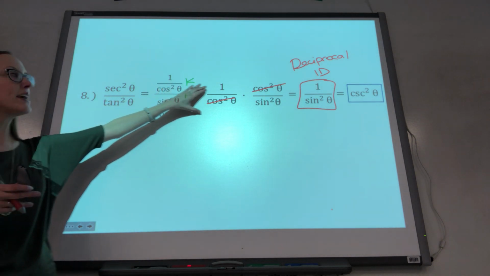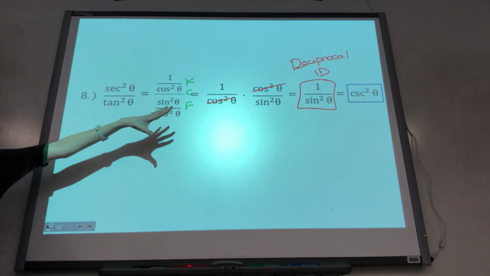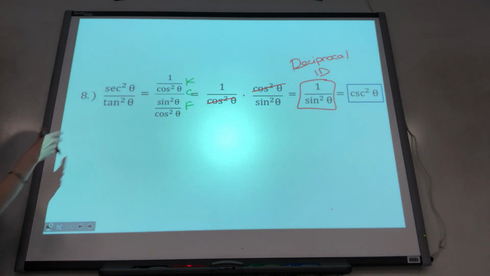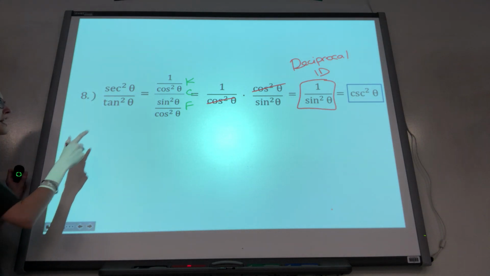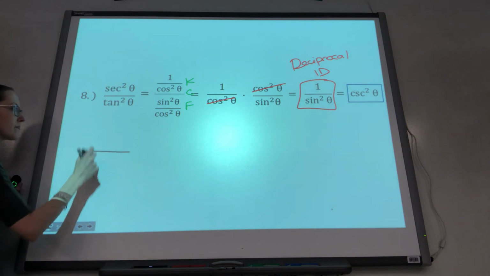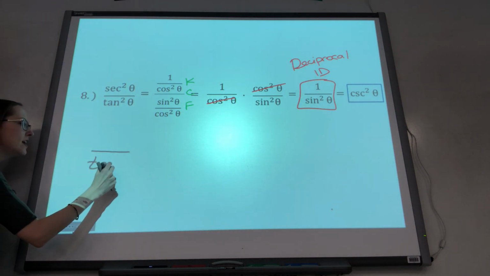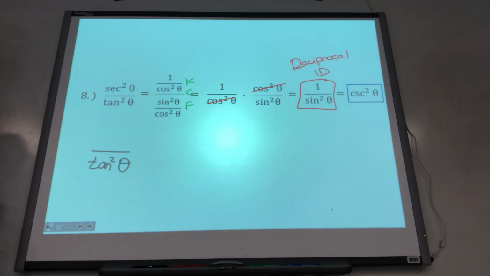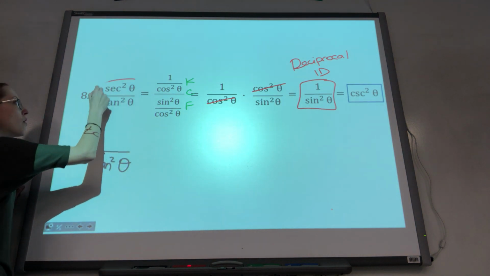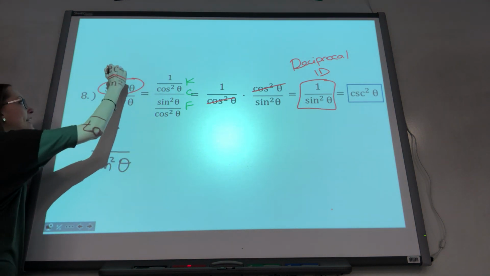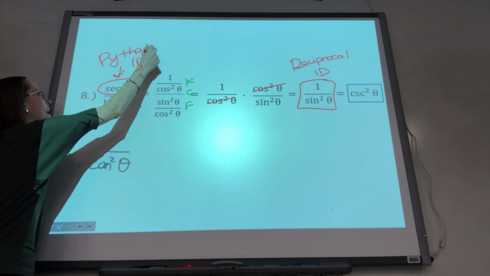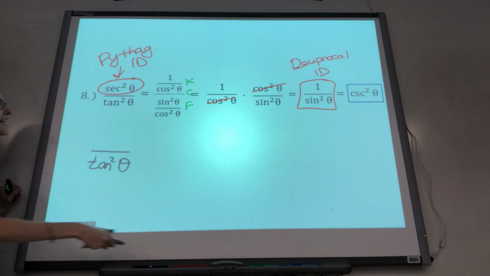Now, before you put your notes away, I want to show you another way to do this, because if this method doesn't work on some problems, you might also need to know this other approach. So watch what else you could do. I'm going to take this fraction and I'm going to leave tangent squared of theta alone on bottom, but I'll go to the top and try to match that up to a Pythagorean identity.